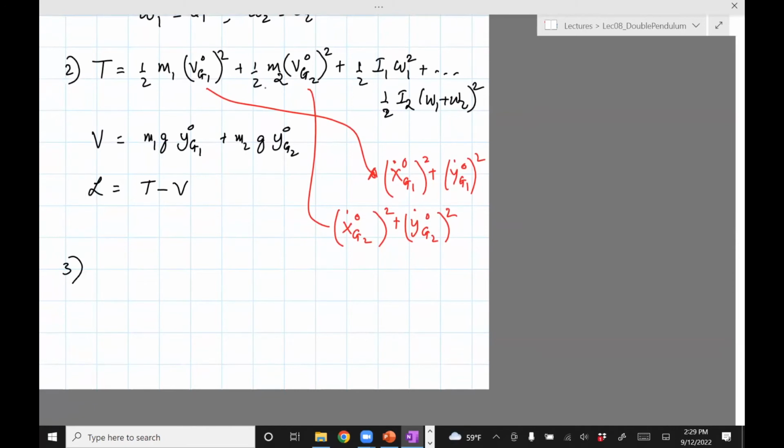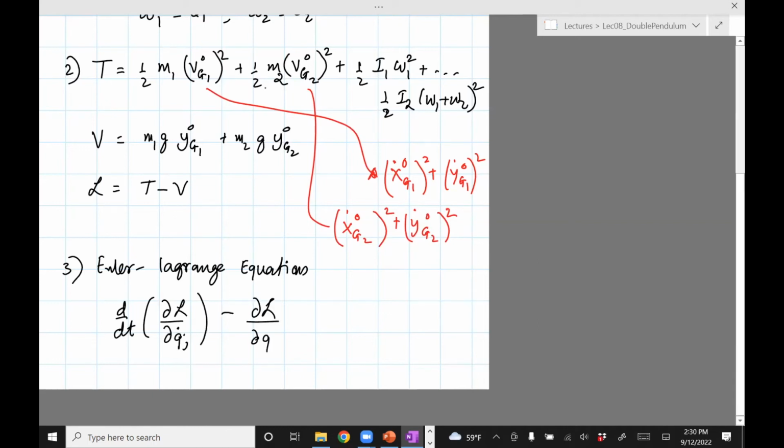Third step. So for that, we use the Euler-Lagrange equations. So those are d/dt of dL/dq dot j minus dL/dq j equals Qj, where qj in this case is going to be theta 1, theta 2, and then capital Qj will be all the external forces which do not have a potential.